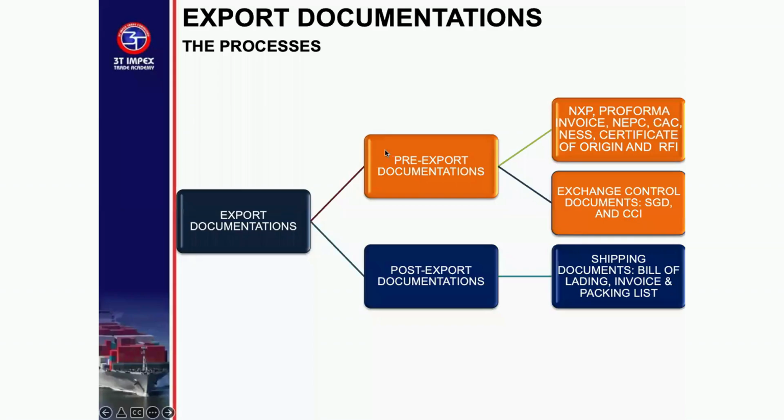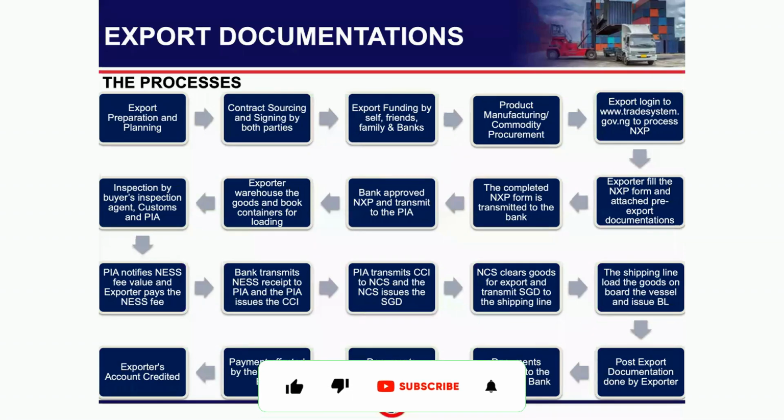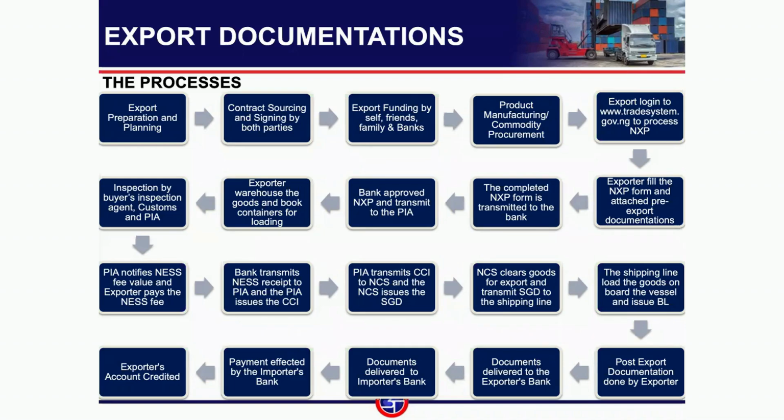Let's go back to the chart. So when I fill the NXP form, attach the pre-export documentation and complete the form, when I submit, it is transmitted to the commercial bank I've chosen. In this case, as an exporter, a customer of Jaiz Bank, I will choose Jaiz Bank.